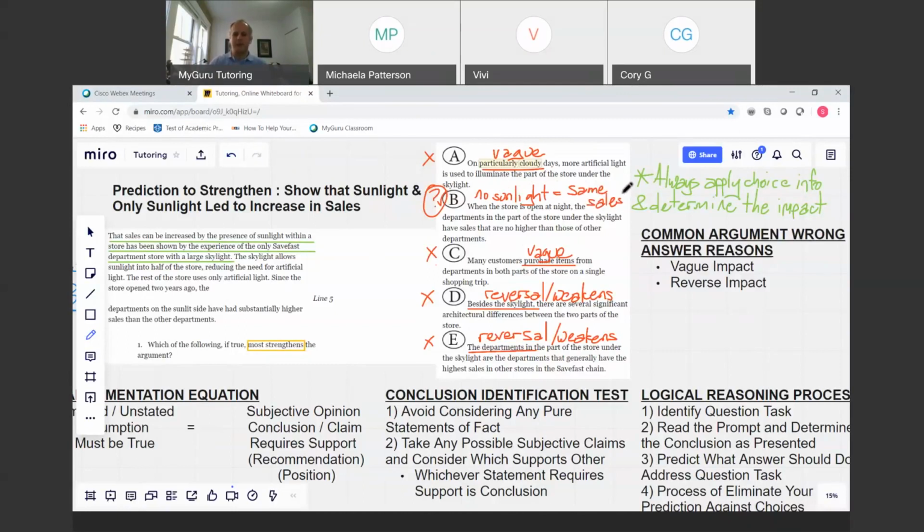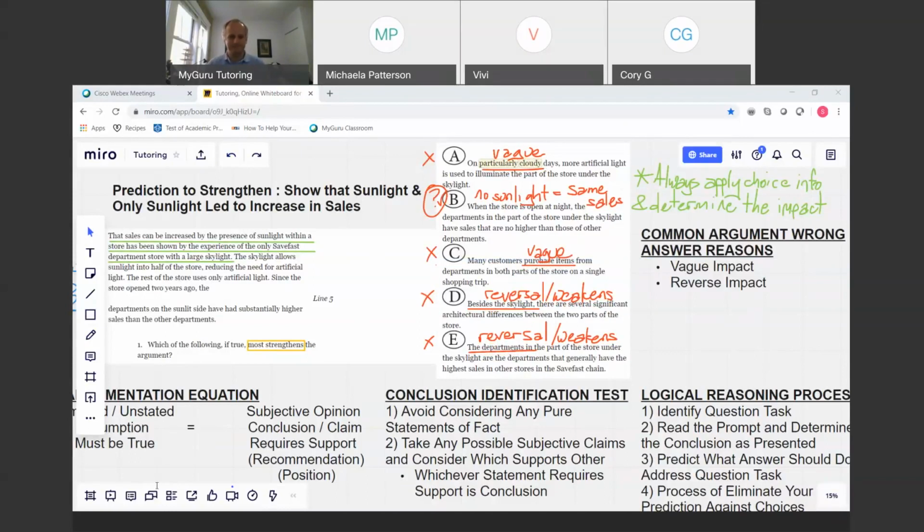So if without the sunlight you have the same sales, what's causing the change in sales? So if the sales are the same at night, what must be causing the change during the day?